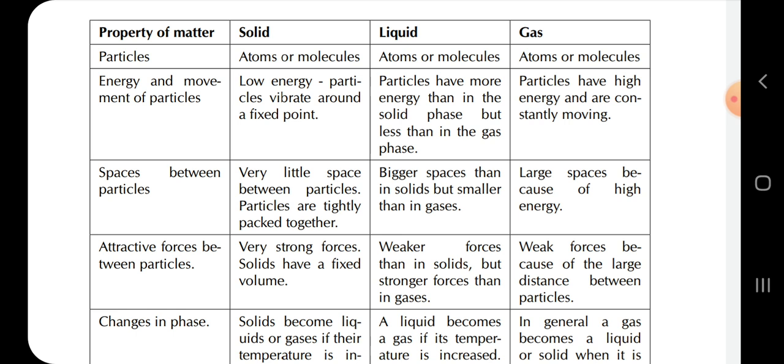In liquid, the particles are still atoms or molecules, and in gas, the particles are still atoms or molecules. Energy and movement of particles is low in solid. Particles vibrate around a fixed point, and then in liquid, particles have more energy than in the solid phase, but less than in the gas phase.